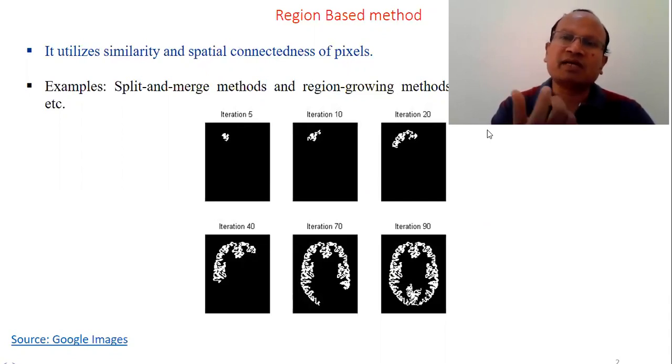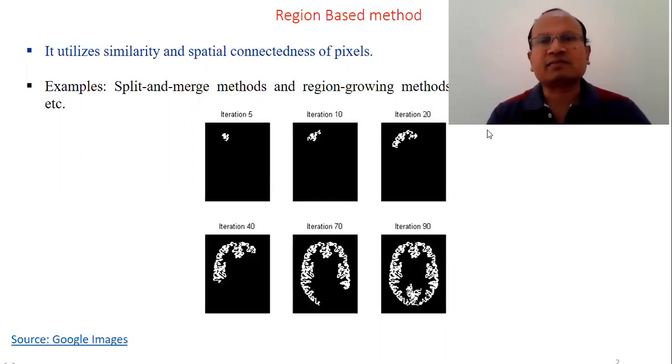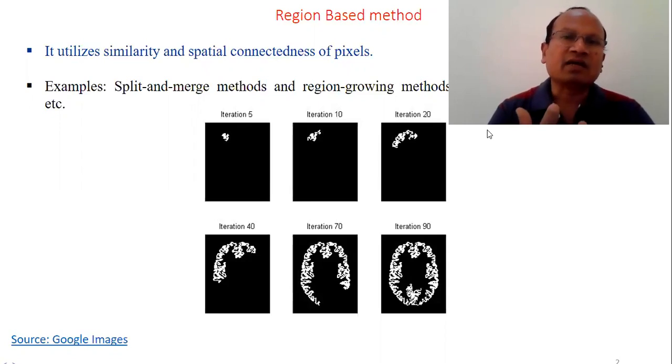The similarity may be in terms of pixel value, grayscale value, intensity, color, texture, etc. So we check similarity, and based on some similarity, we connect those areas or those pixels which have similarity with the group of pixels which have been chosen as seed pixels or the reference region.